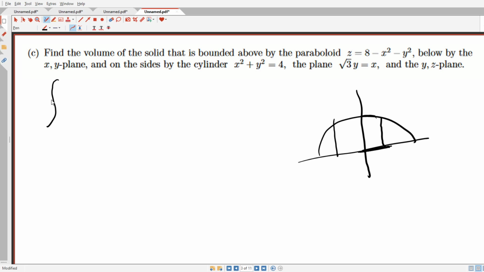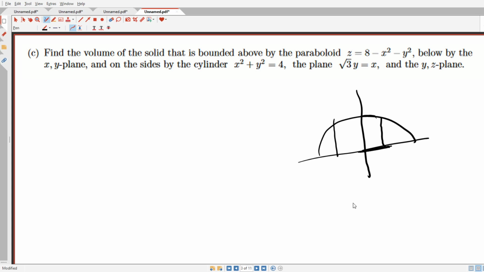Okay, so let me go ahead and convert this to cylindrical coordinates to see if this makes things any easier. Actually, I really should draw this first. So the plane y equals x, that's a vertical plane.